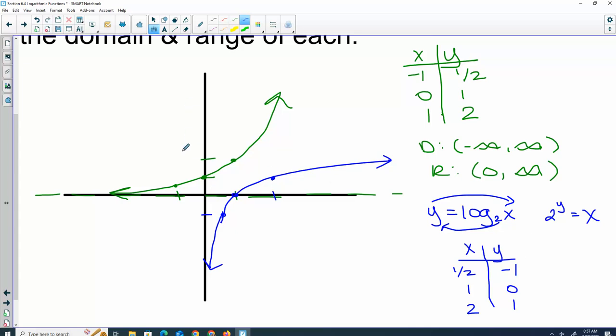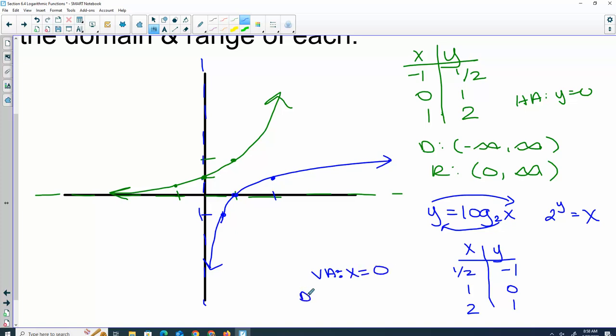Our asymptotes are related. The exponential has a horizontal asymptote at 0. The log has a vertical asymptote at 0, because they are related. Exponentials have a horizontal, and when you do the inverse, x and y flip, so that becomes a vertical.